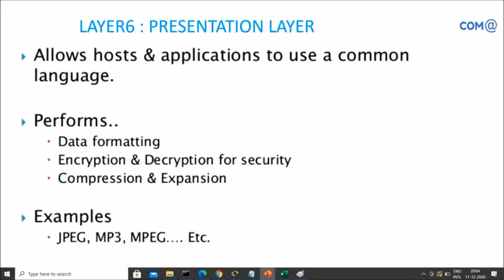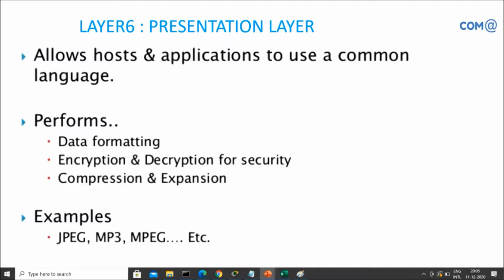The sixth one is the presentation layer, which helps present data to the application layer, which is visible to us. It performs activities like data formatting, encryption, decryption, compression, and expansion. All this activity is performed in the presentation layer, where we present the data to the user after processing in the application layer.